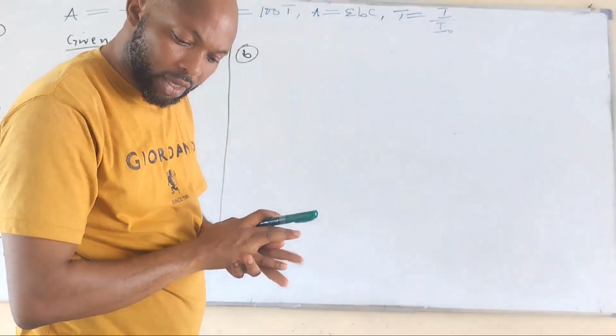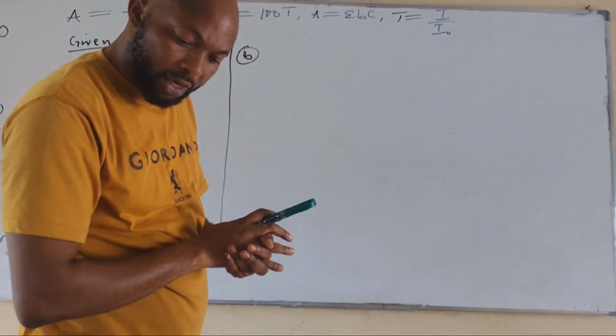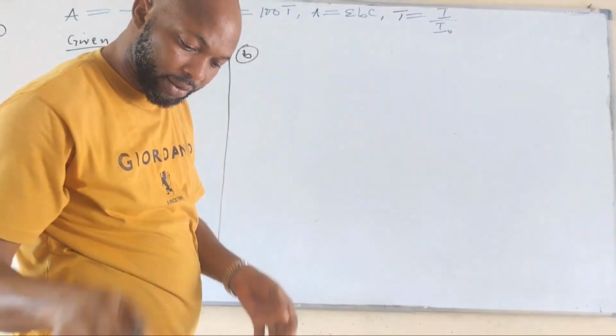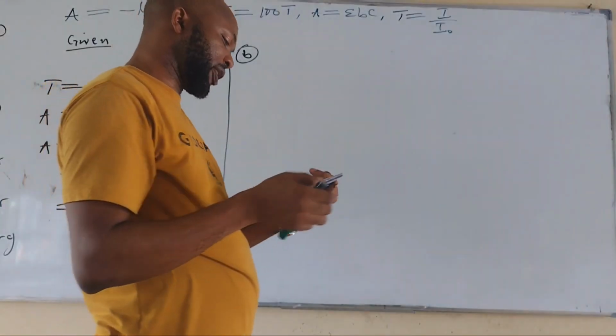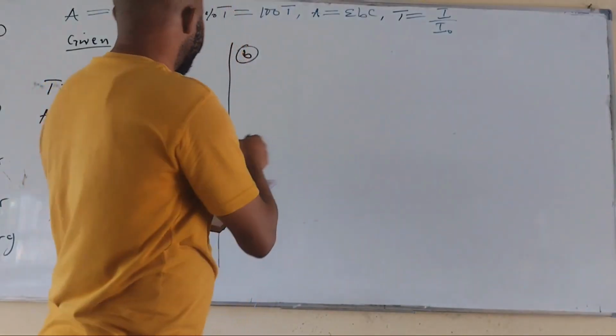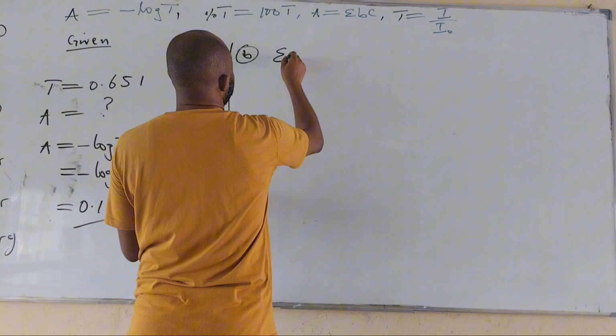B, the B question says we should calculate epsilon, which is molar absorptivity.